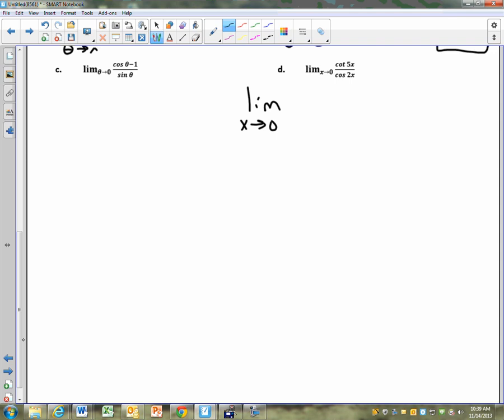No. I gotta show you two parts. I didn't realize this. You know what the cotangent of 0 is? It's undefined. That's why it doesn't work. But what is the cosine of 0? 1. So it's the top that makes it undefined, not the bottom.